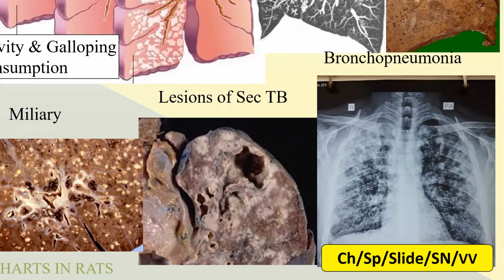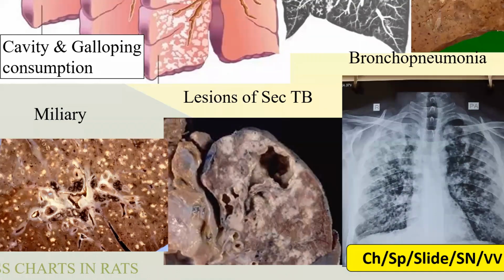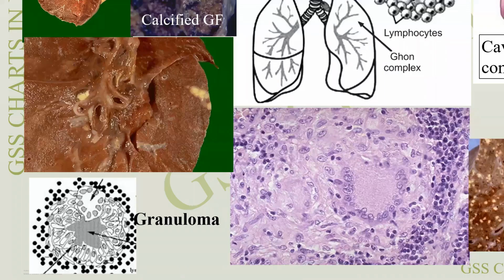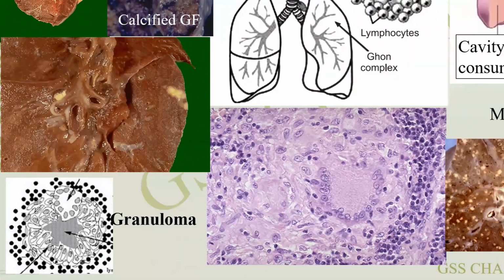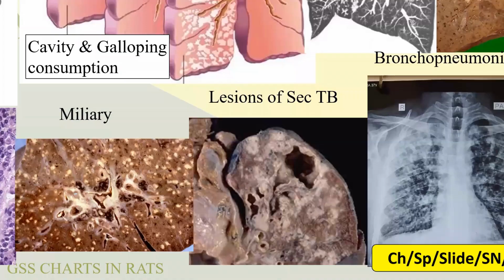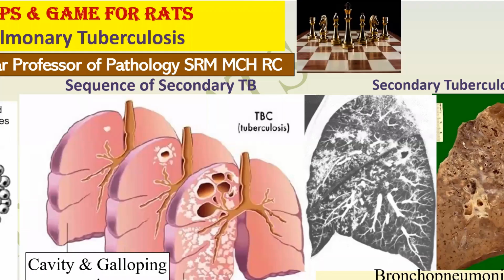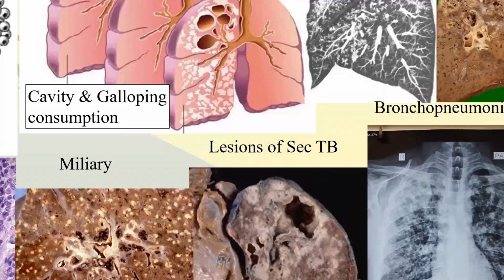So we have seen the primary tuberculosis and the secondary tuberculosis. Primary tuberculosis, I repeat, there will be a focus, the Ghon focus, the hilar lymph node, and the draining lymphatics. Whereas the secondary tuberculosis involves the apex, formation of cavities, and patchy areas of tuberculous bronchopneumonia.